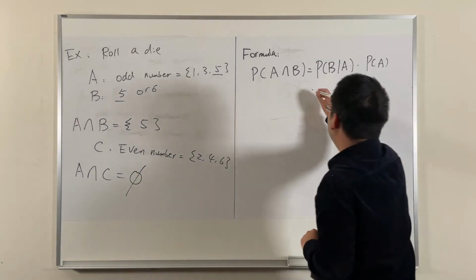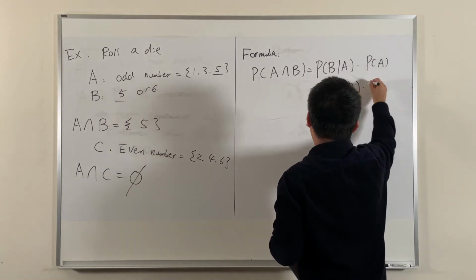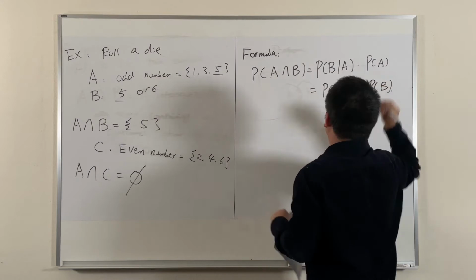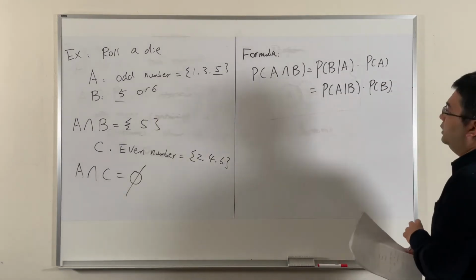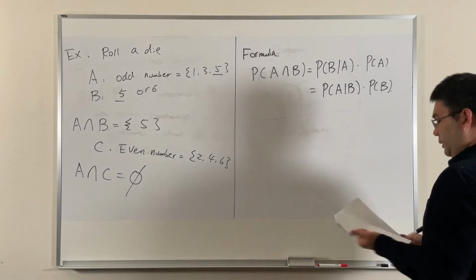This can also be written as the probability of A given B multiplied by the probability of B. That's the formula we can use to calculate the probability of A intersect B.